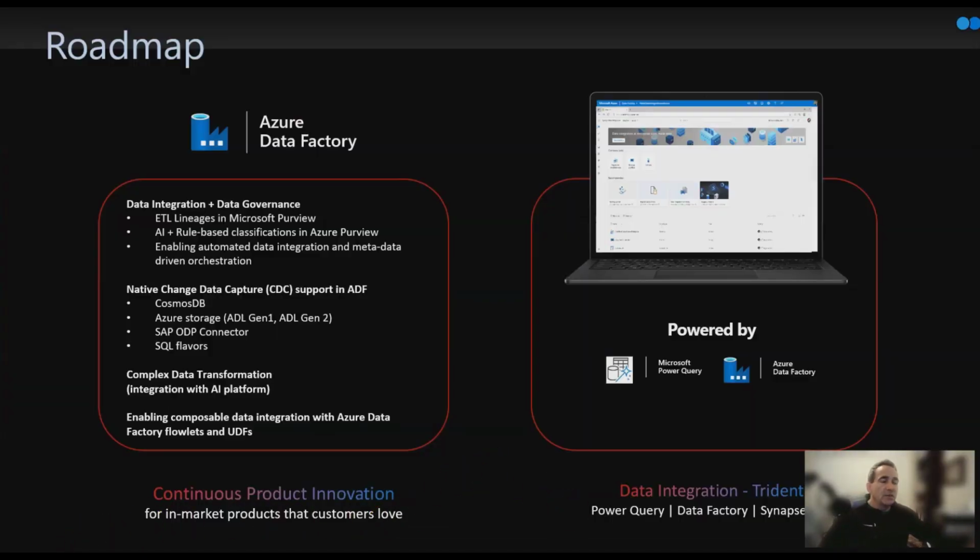That being said, let's talk a little bit about the product roadmap, what we've been doing the past year and where we're going to go in the future. One of the really important key aspects of a successful ETL data integration process within our customers, we find, is a combination of data governance and data integration. Data governance is just critically important to a successful data engineering process and to a successful data landscape.